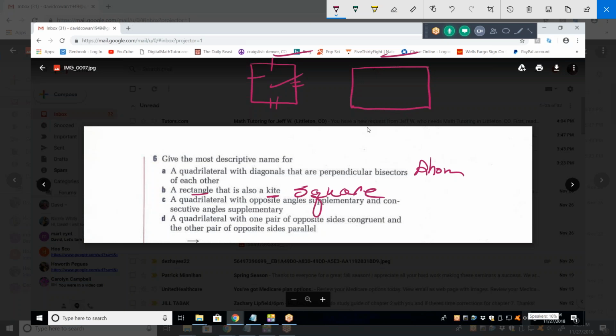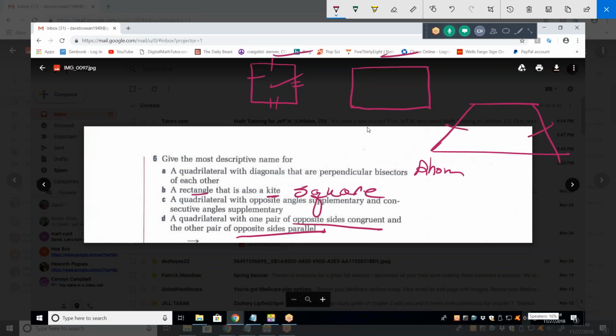Okay. Quadrilateral with one pair of opposite sides congruent and the other pair of opposite sides parallel. Trapezoid? No, a trapezoid has one pair of opposite sides parallel, but the other two opposite sides are not necessarily congruent.